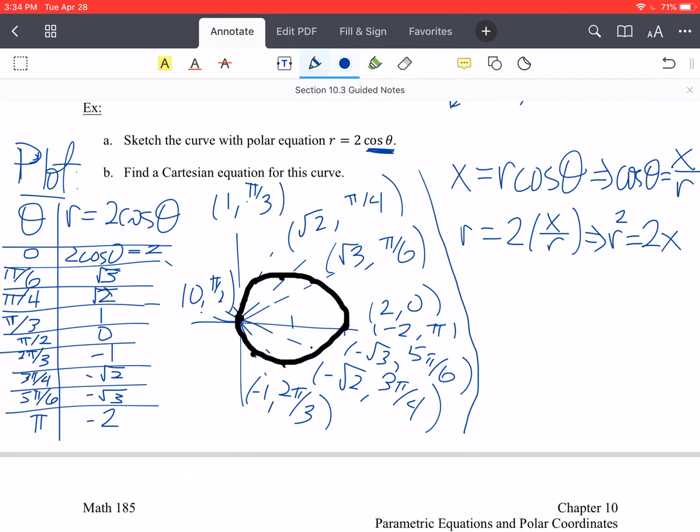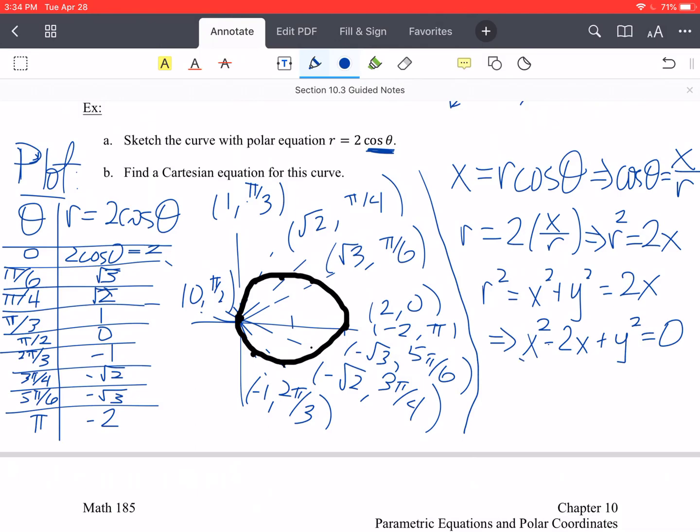And r squared we know is x squared plus y squared. So that equals 2x. Now we kind of cut out this piece that we don't need anymore. We don't need the r. And we have x squared minus 2x plus y squared equals 0.